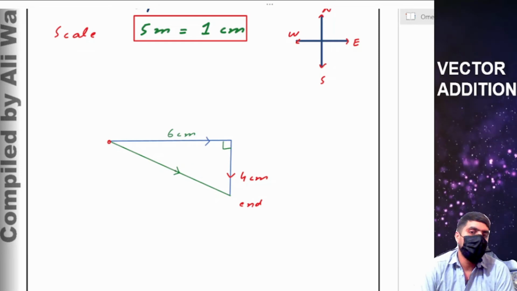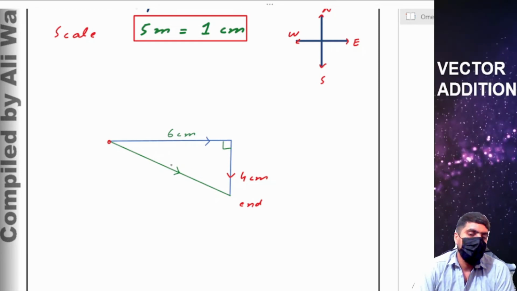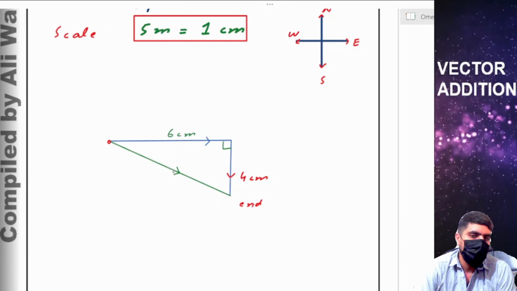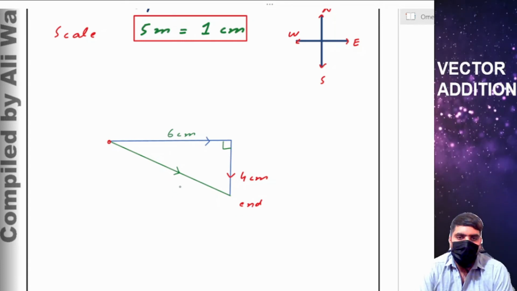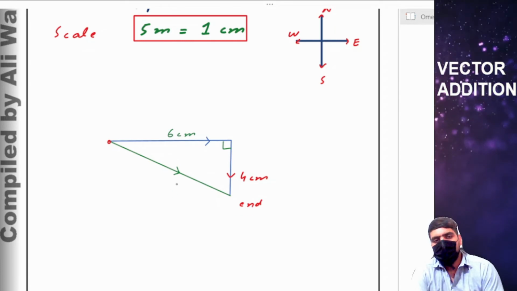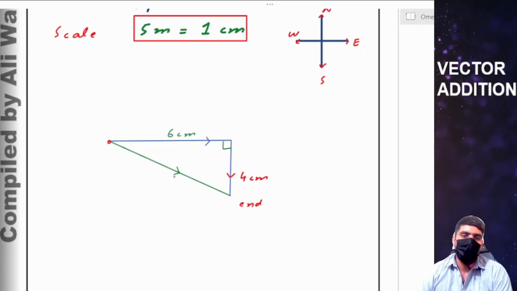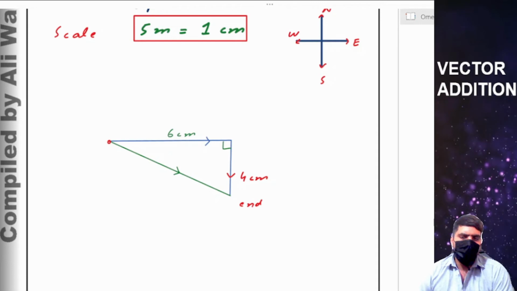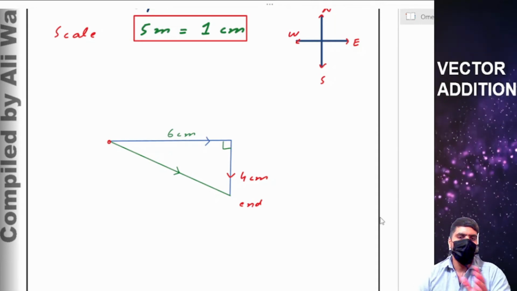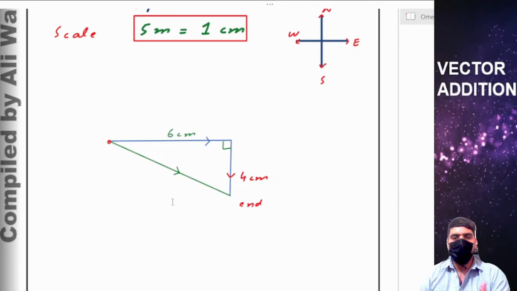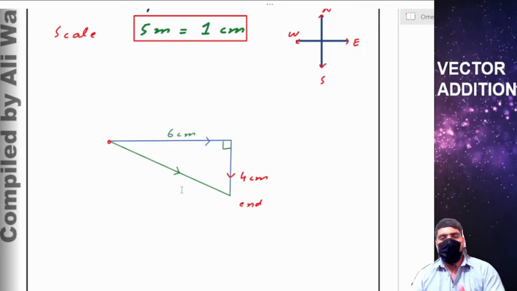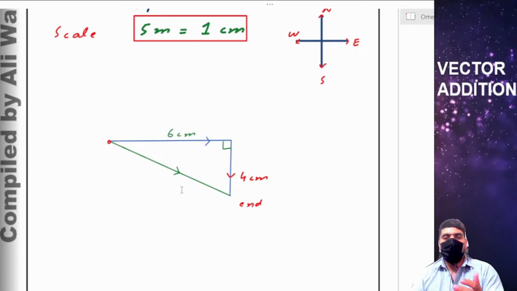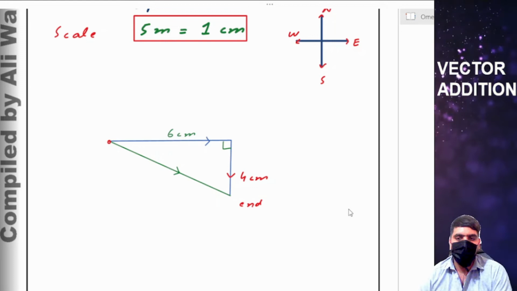But off camera, when the camera is not around you, you can sneakily measure the length of this line using Pythagoras theorem, and no one should know that. So since I'm not having the scale, I'll just use the Pythagoras theorem to find the value of this green line, and I'll just pretend that I've used the ruler.